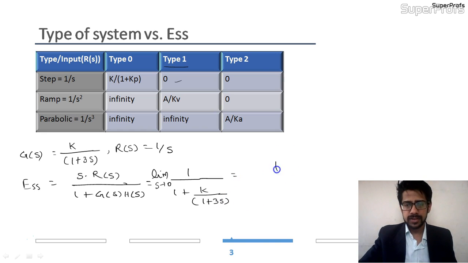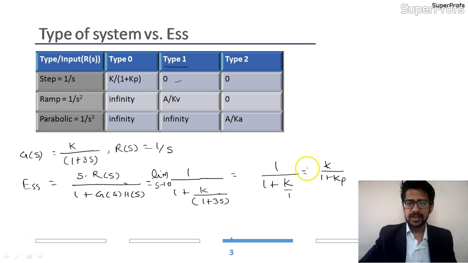So I get the function in the form 1 plus 1 upon 1 plus k by 1, which is nothing but of the form k upon 1 plus kp. So this is how you can get the steady state error.